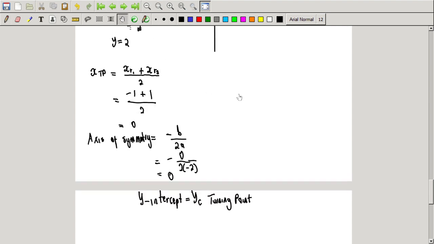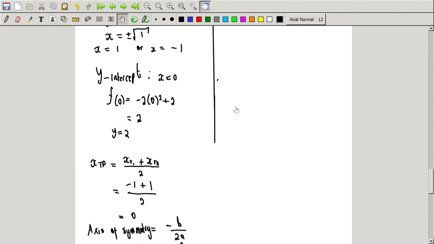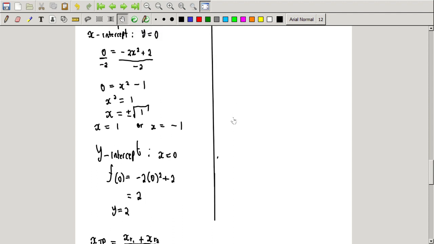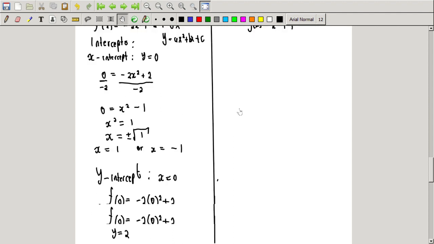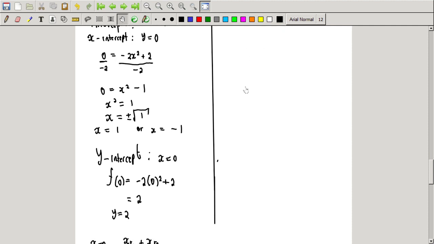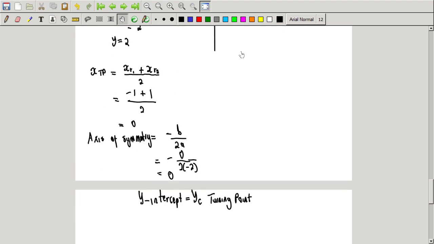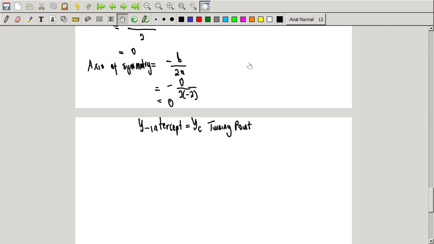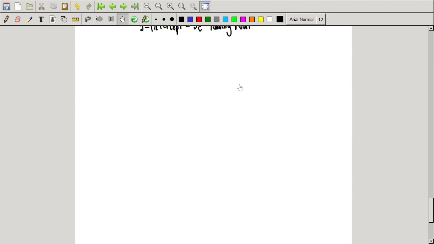Interesting information. So now with all this information that we have, we can go down to draw the parabola. Then we will come back to the exponential function. Let's go down and draw our function. We're gonna draw them on the same set of axes.